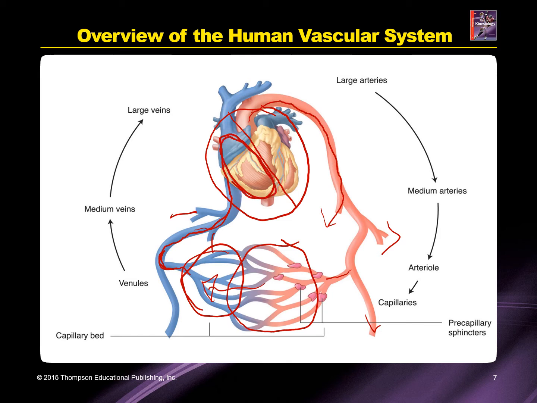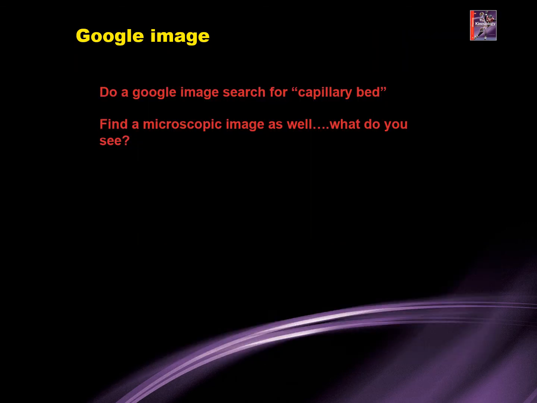This is the right side of the heart. I'll put a big R there. From this side of the heart, the blood is pumped to the lungs, where it picks up more oxygen and then gets delivered back to the heart so that it can travel through this whole circuit again. Okay, so let's move on to the next part.